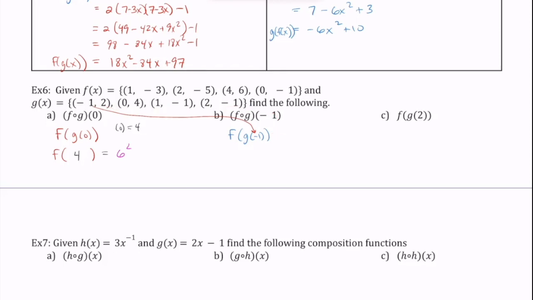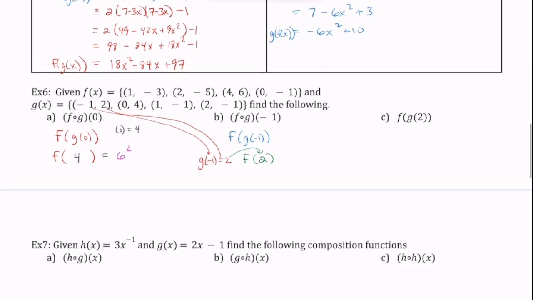So g of negative 1 gives me an output of 2. The next piece is f. Now I know that g of negative 1 is 2, so now I'm going to look at f of 2. So I'm going to go to my f function. When x is 2 in my function f of x, the y value is negative 5. And that's it.